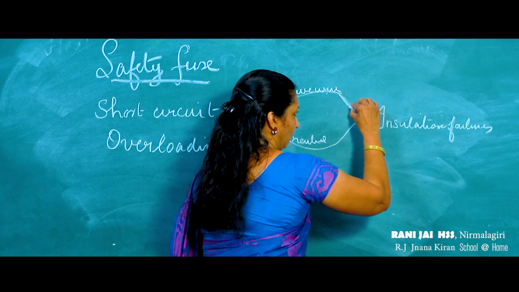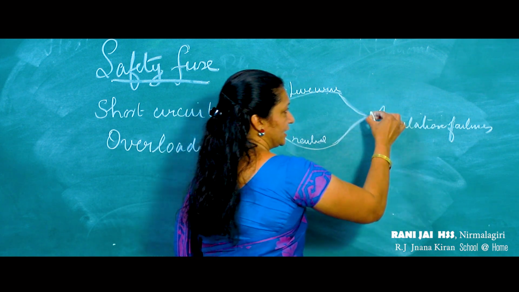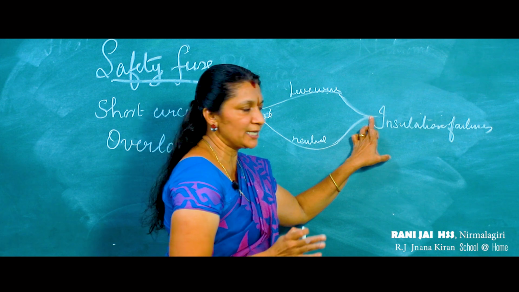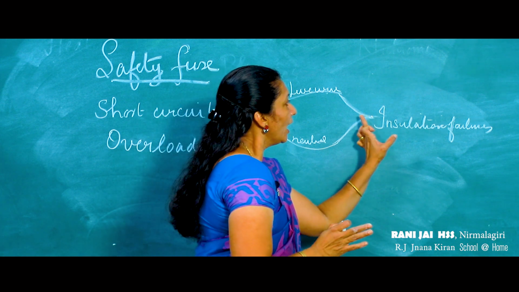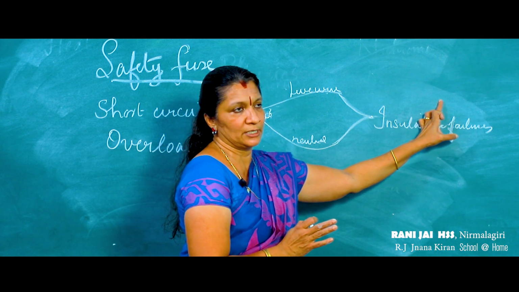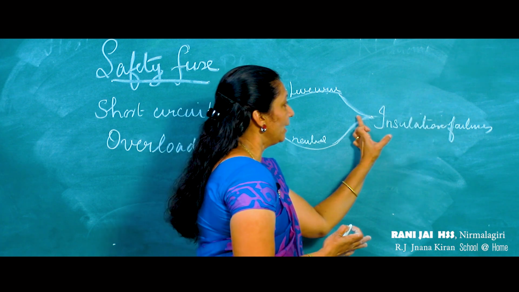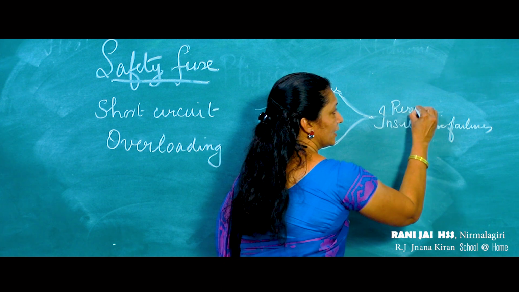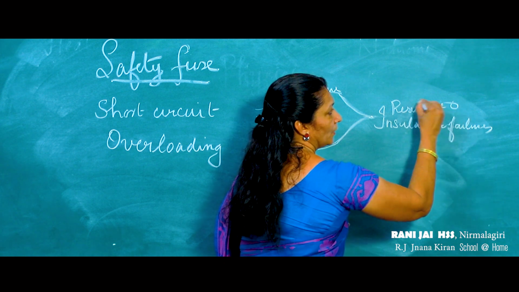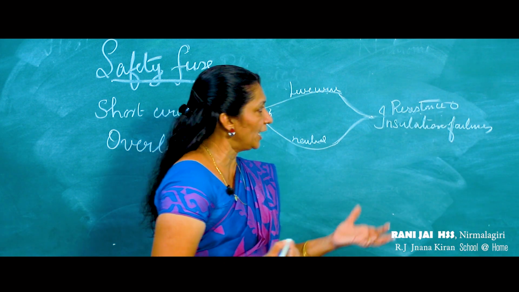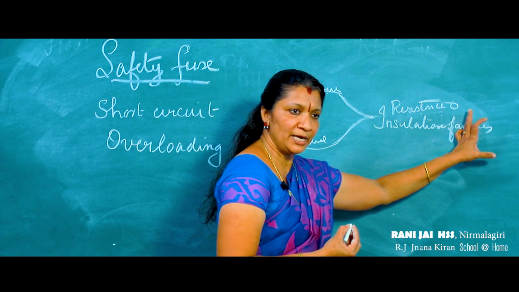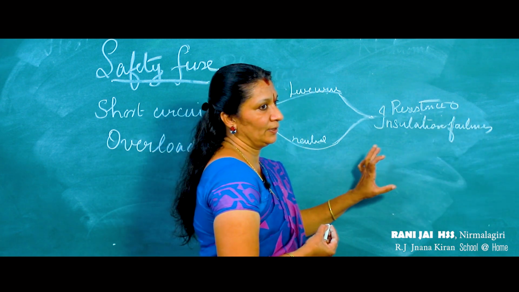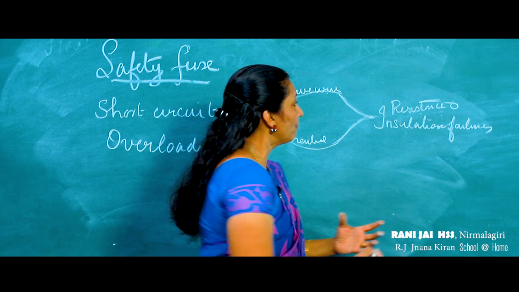When they come into contact, more current will be able to pass through. What will be the resistance here? Resistance will be 0. When the resistance is 0, as I told you, the current passing becomes very, very high.